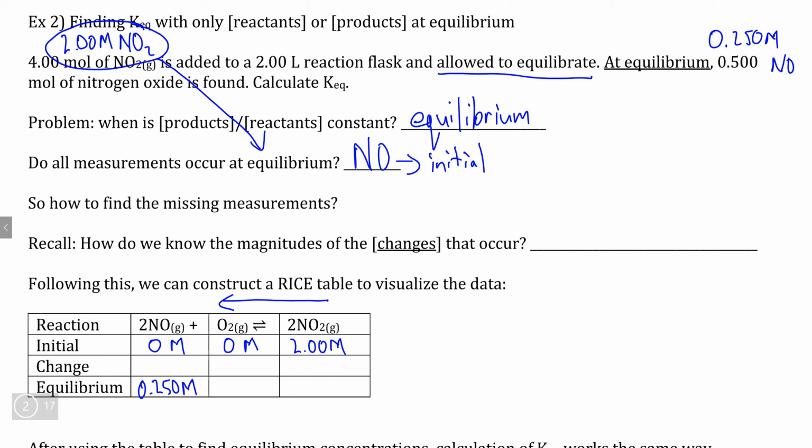Well, we know that the change that occurs is based on the stoichiometric ratios, because this is the only time when these ratios occur.